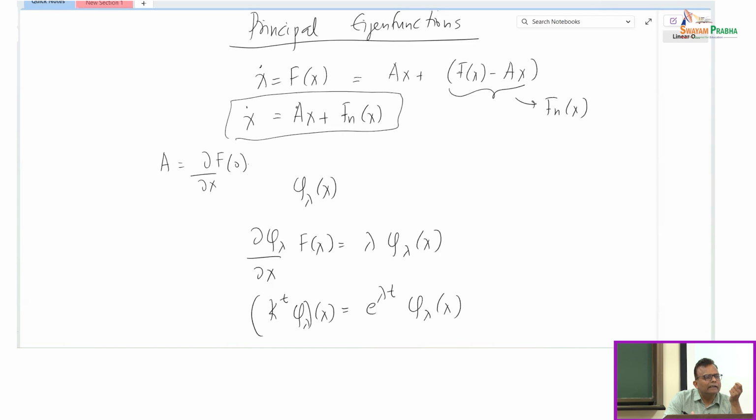Although it's a linearization at a point, that equilibrium point dictates to a bigger extent what the system behavior is. Imagine you have a nonlinear system with a stable equilibrium point, with all eigenvalues in the left half plane.